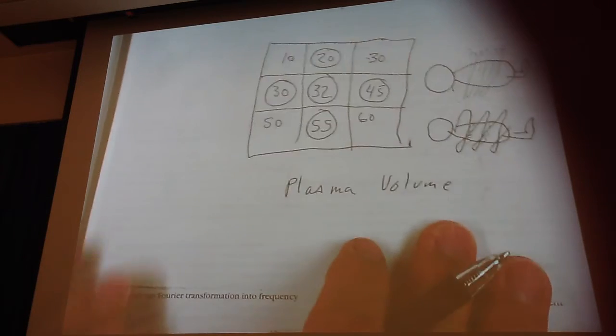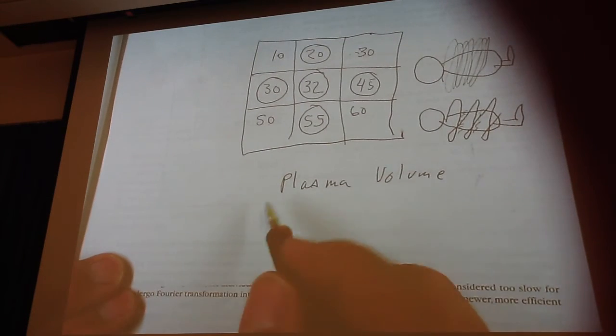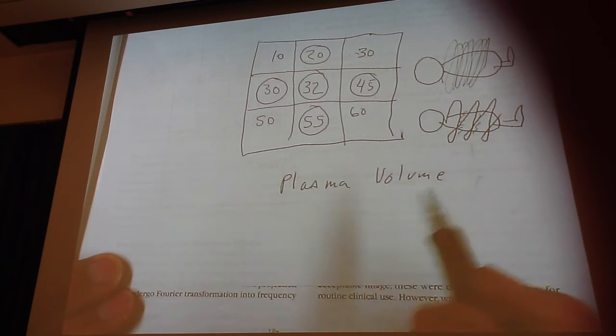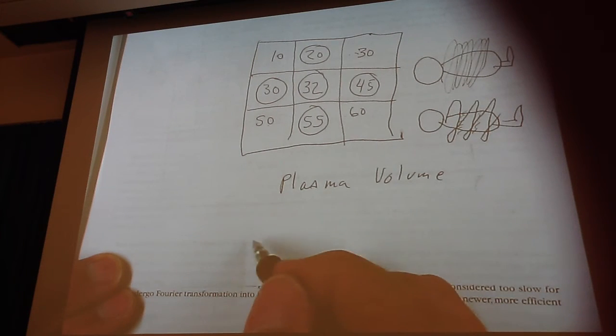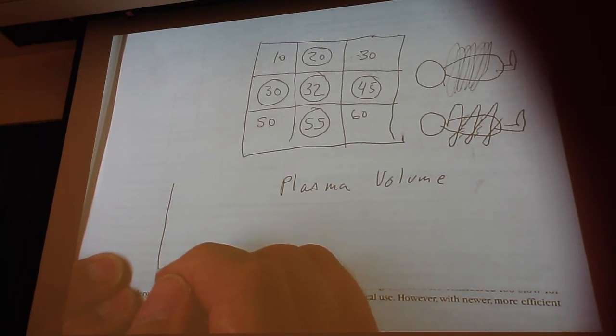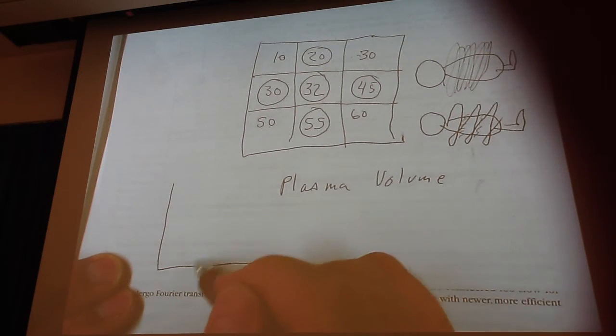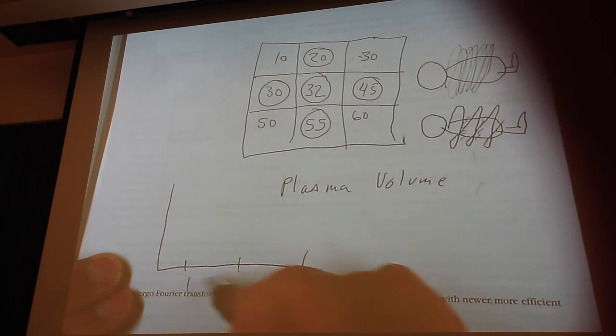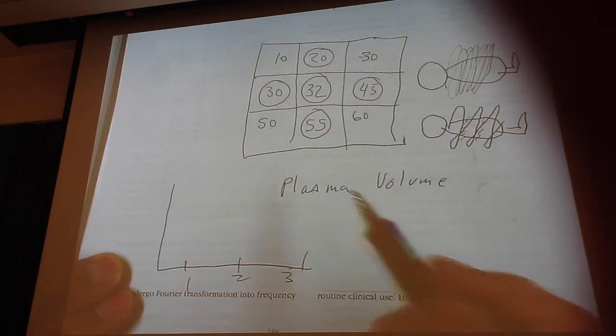Normally you're going to inject I-125 RISA, or radioiodinated serum albumin, and you collect a sample at 1 minute, 2 minutes, 3 minutes, and so you get data at 1, 2, and 3 minutes.